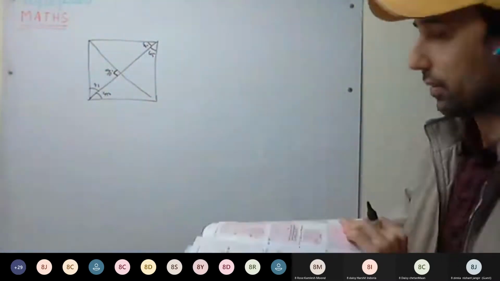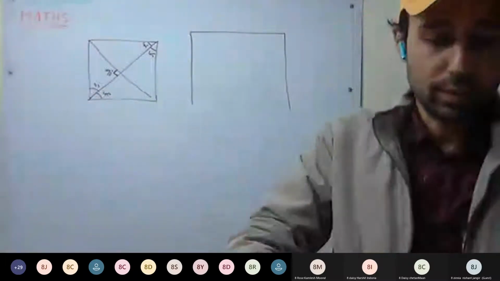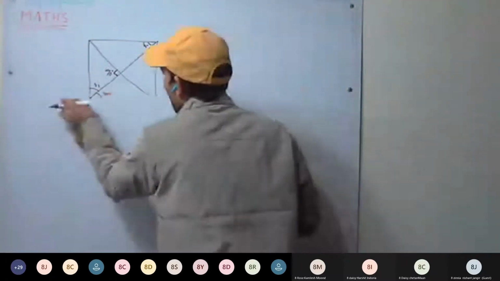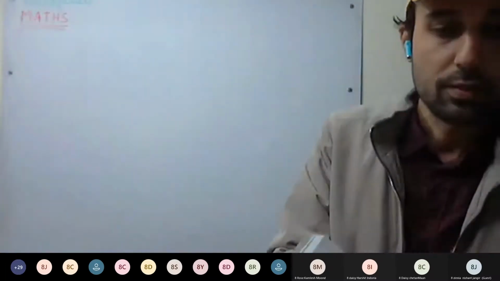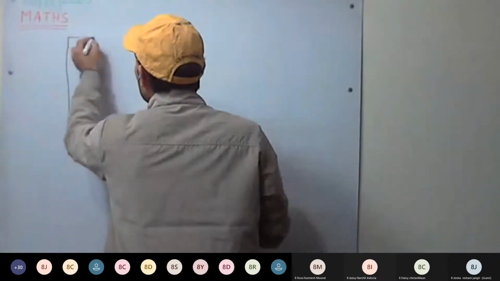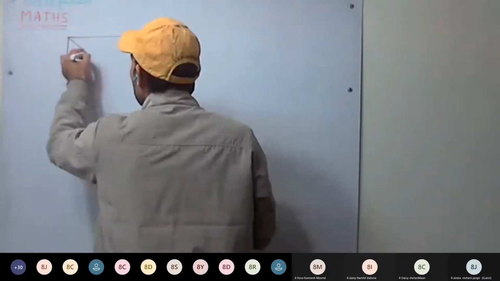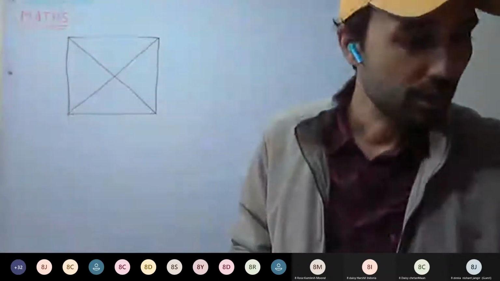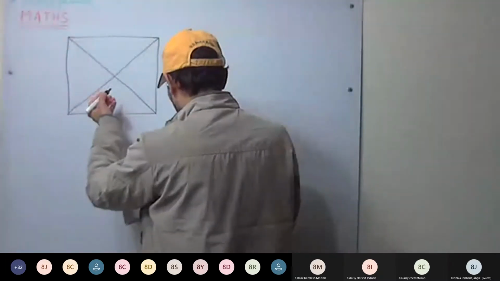Now we'll be doing the seventh question. So again, it's a square. One minute.